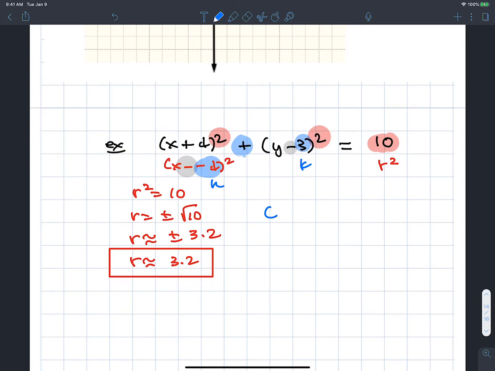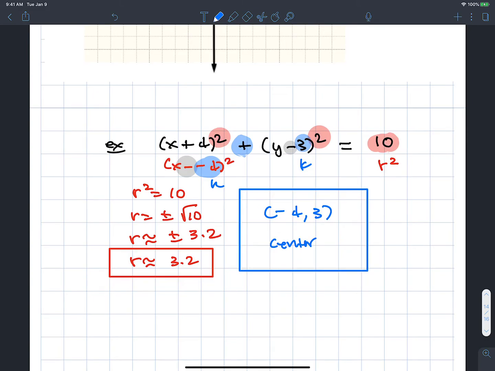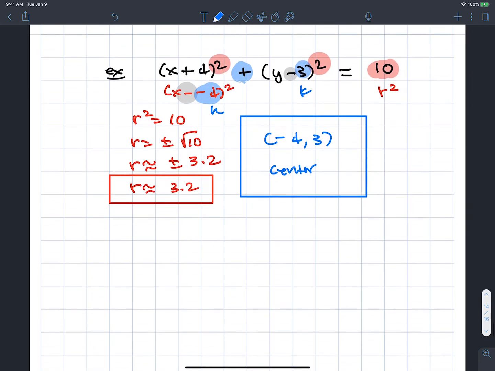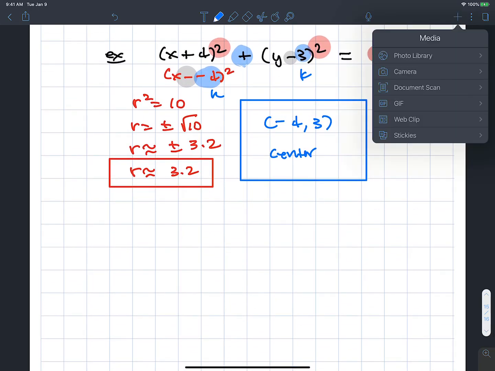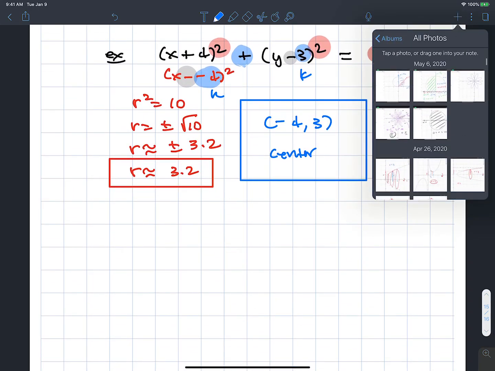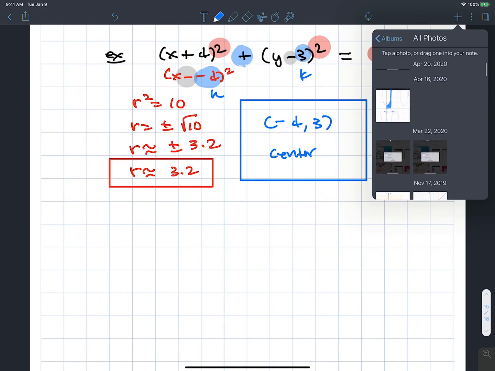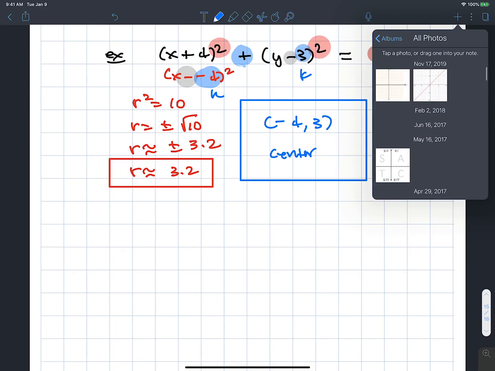So the center is going to be, just like for parabola, -4, 3. That's my new center. That's the center, -4, 3. So I'm going to use this information to sketch a circle. And that circle is off center.